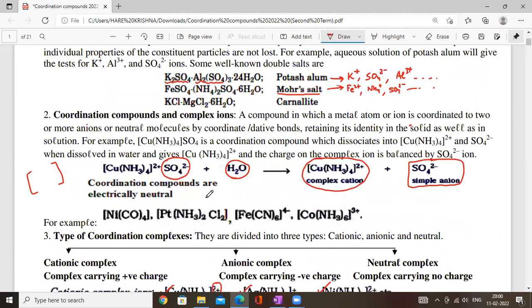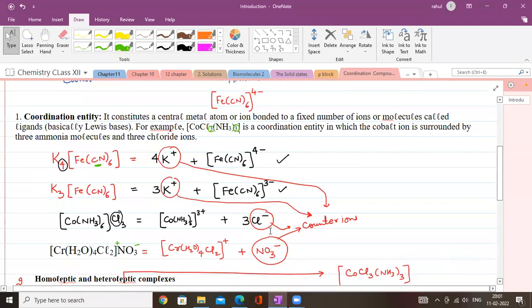If I ionize this double salt inside the water, it is going to give you the tests of potassium, sulfate, aluminium, all the ions. They are all free. But it never happens in the case of a coordination compound. Only the counter ions are free.